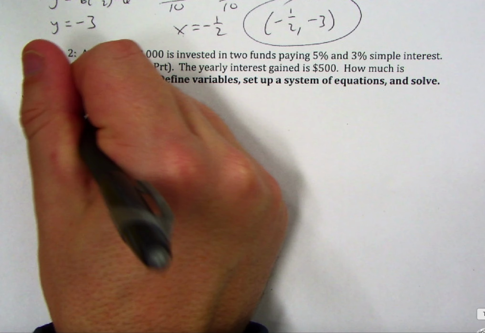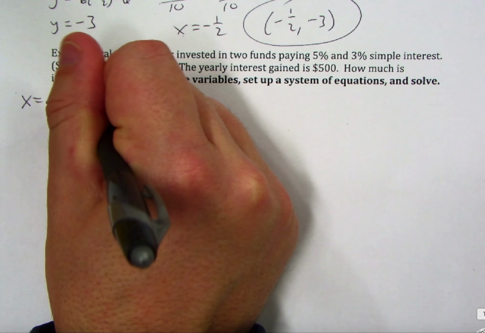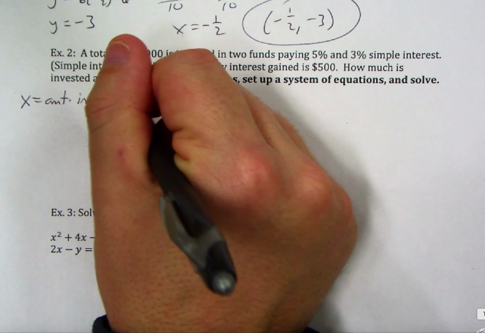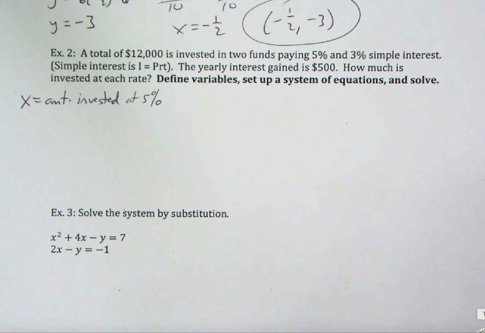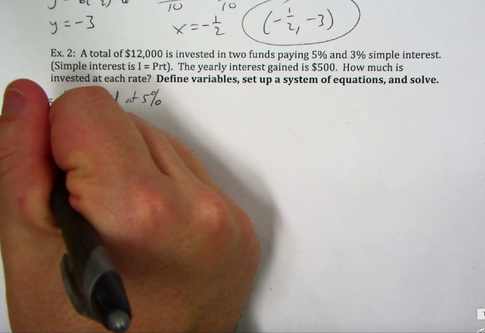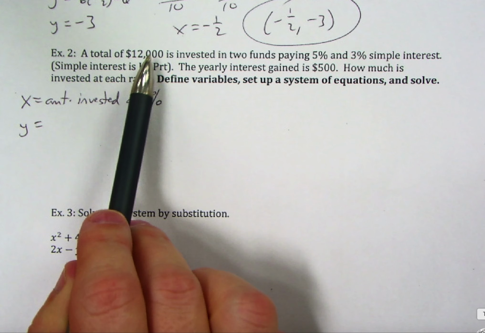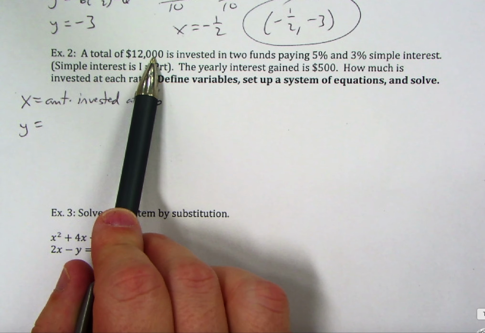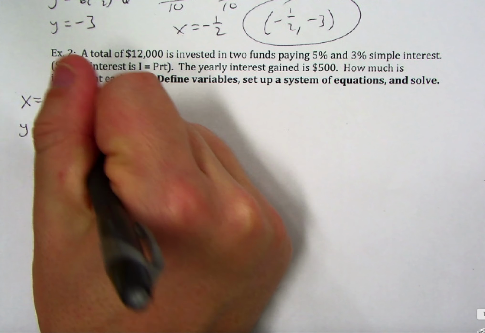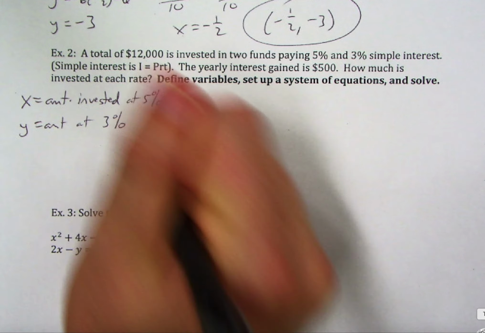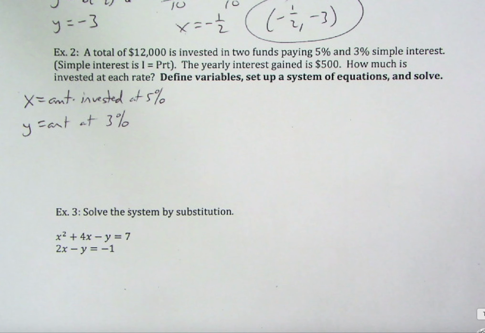So the amount invested at 5%. Then Y is going to be the rest of 12,000 that goes in at 3%. So the amount at 3%. And our goal, we're trying to find X and Y.